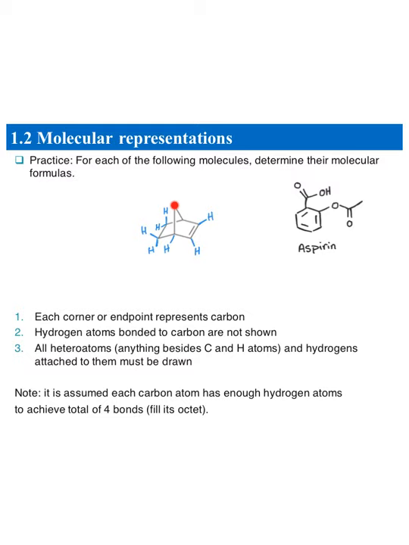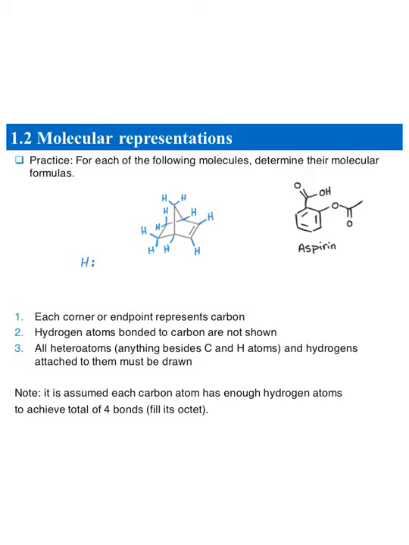This carbon, it's also a corner, has 1, 2 bonds attached to it. So the other 2 are hydrogens. And this carbon right here, it is again a corner. It has 1, 2, 3 bonds attached to it. So the 4th one is hydrogen. Now very easy.